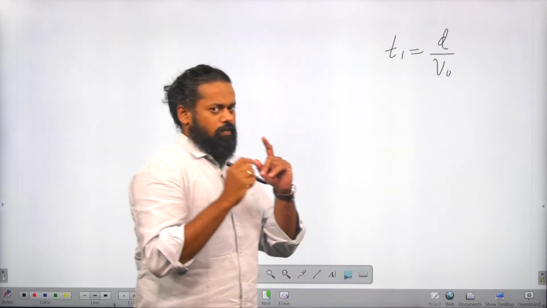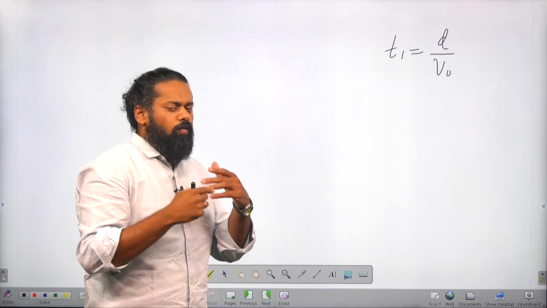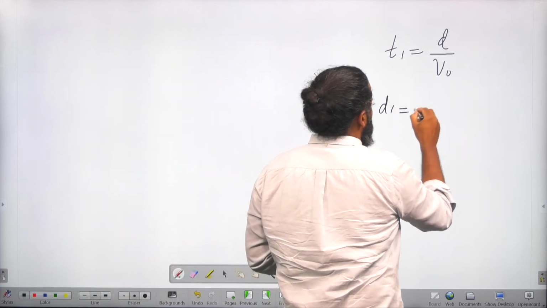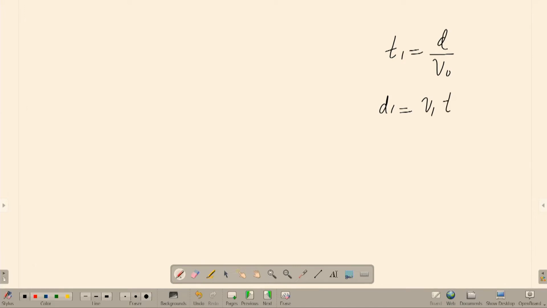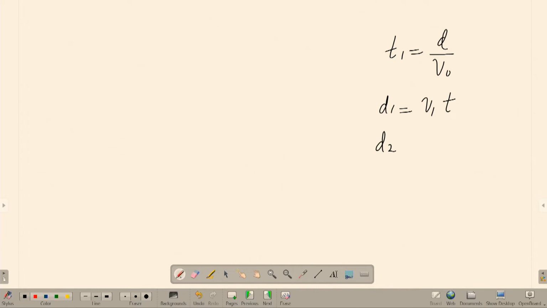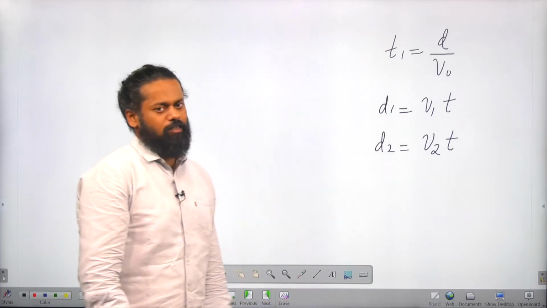Now, if the body is traveling with a velocity v1 for t seconds, the distance covered d1 is going to be equal to v1 multiplied by t. Then the remaining distance d2 is covered with v2 velocity for a time t, so it will be v2 into t.